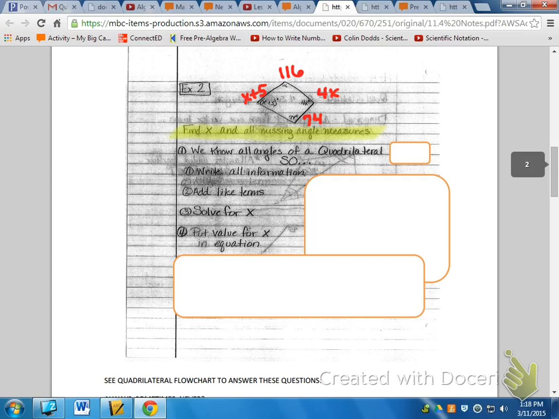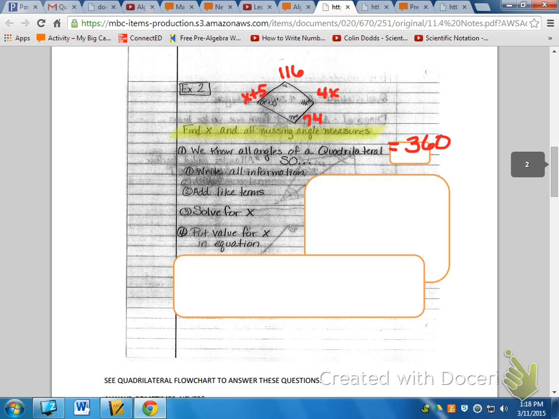In step 1, we know all angles of a quadrilateral equal 360.